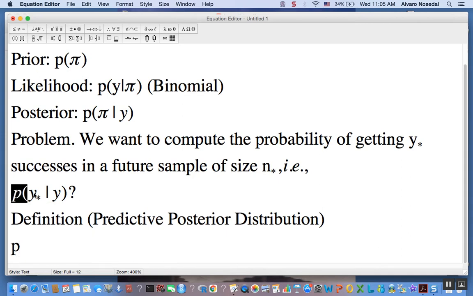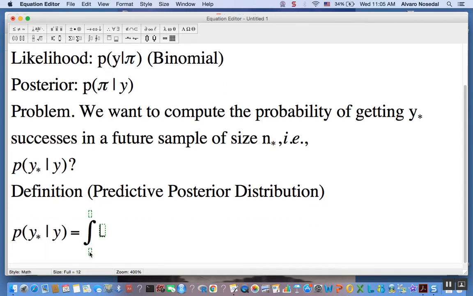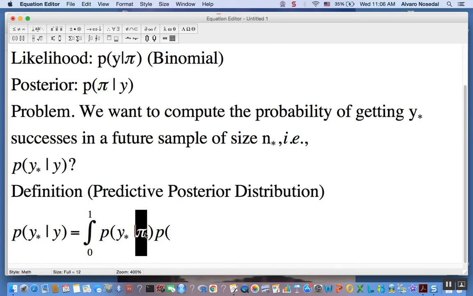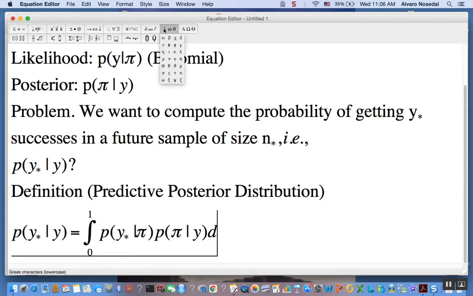It will be the probability of y star given y, and in this particular setting it will be given by the following integral: the integral from 0 to 1 of the probability of y star given pi, times the posterior distribution of pi, that is, the probability of pi given y. And we are integrating with respect to pi.